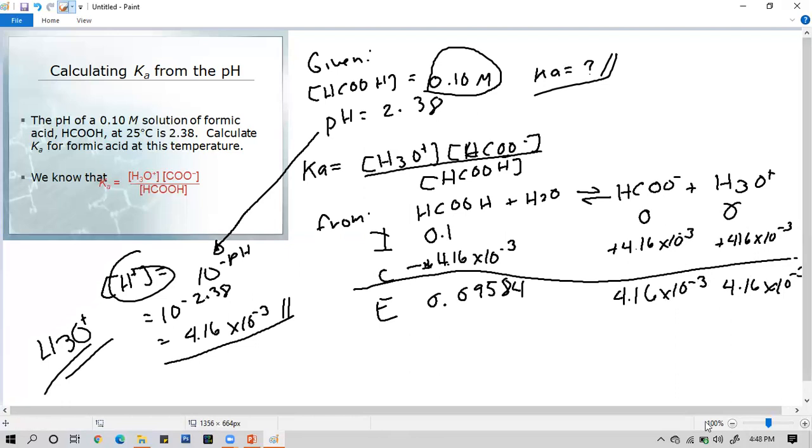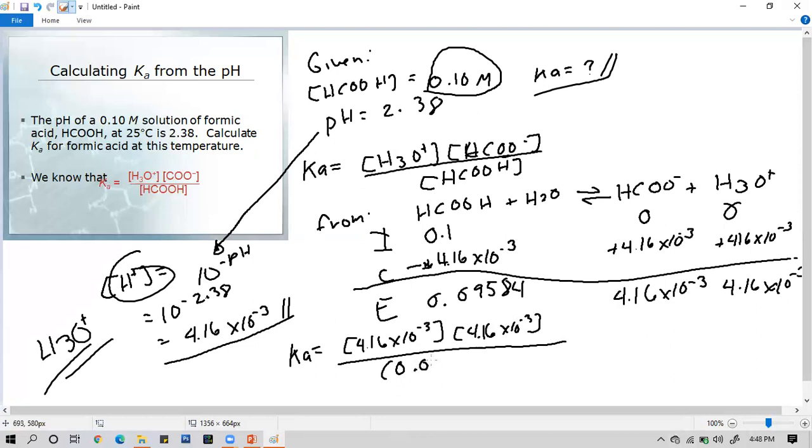So meron tayong values dito in order to calculate Ka. Now substitute the known values for Ka. So Ka, pasensya na magulo yung whiteboard ko guys, is 4.16 times 10 raised to negative 3 times 4.16 times 10 raised to negative 3 all over 0.09584.